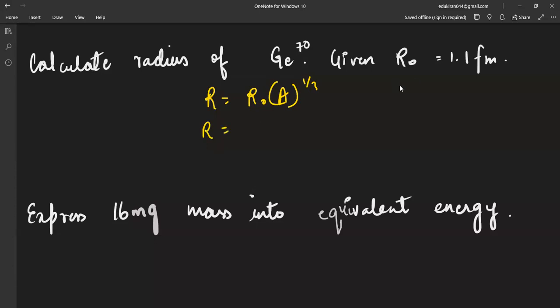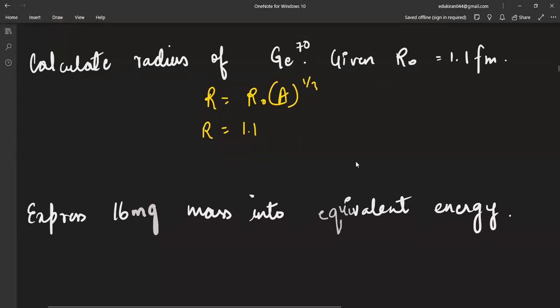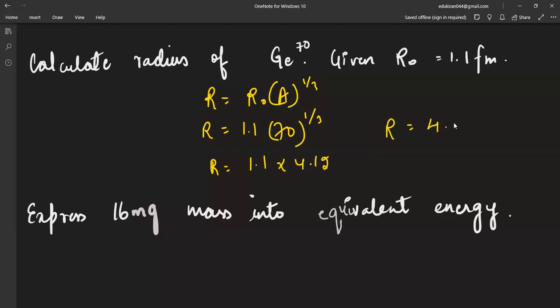So R is equal to R naught, 1.1, into A, which is 70. So this becomes 70 to the power 1 by 3. 4's cube is 64, so this is around 4.12. So when you solve this, the radius will be 4.53 fermimeters.